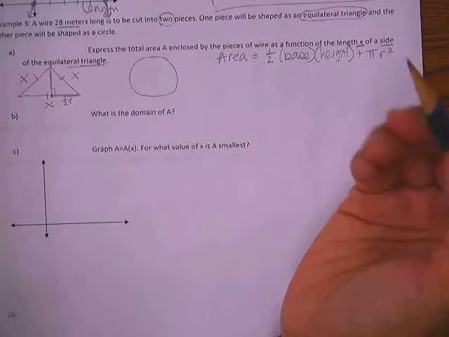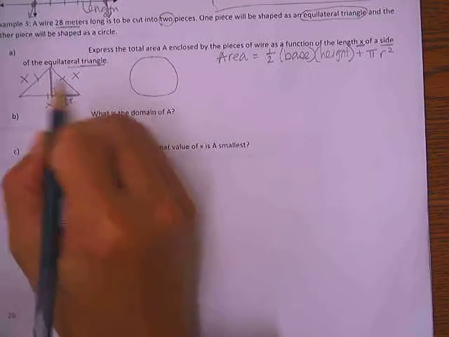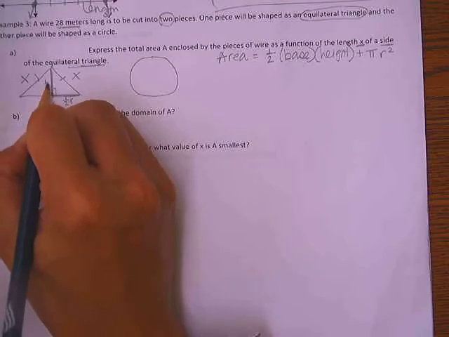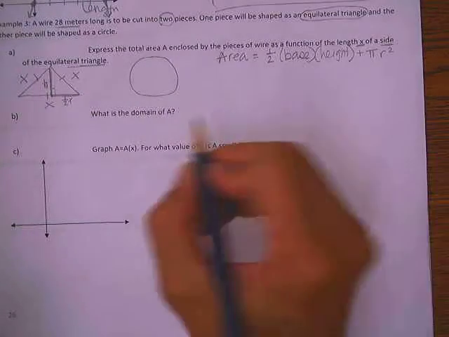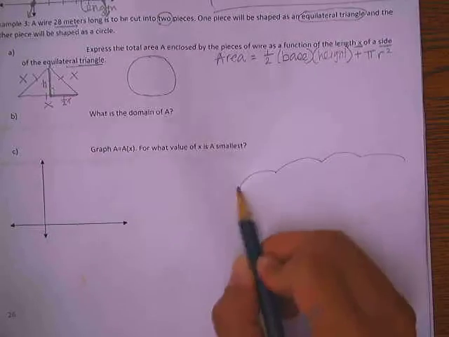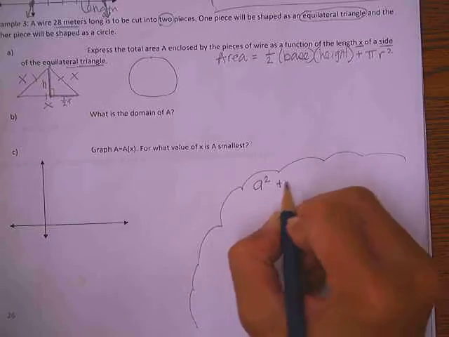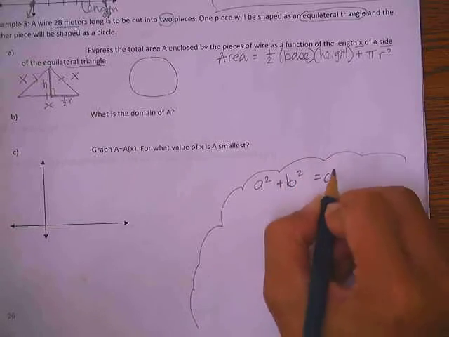Okay, well, to find the height, I'm just going to use the Pythagorean Theorem. So here we go. A squared plus b squared equals c squared. I'm going to use h for the height, and I'm going to do the work over here. Okay, so Pythagoras said a squared plus b squared equals c squared.